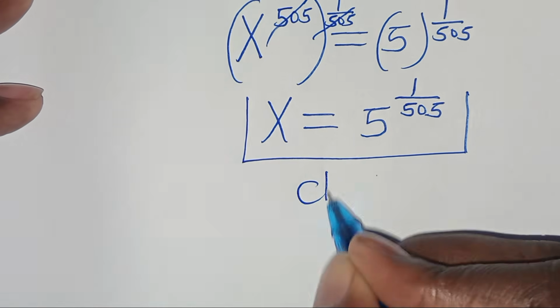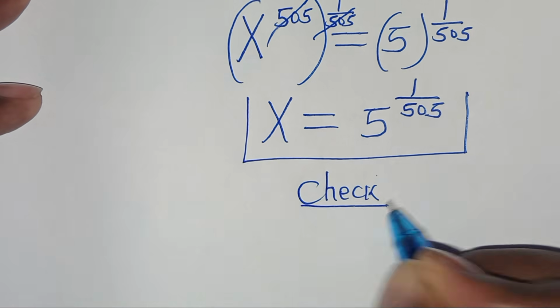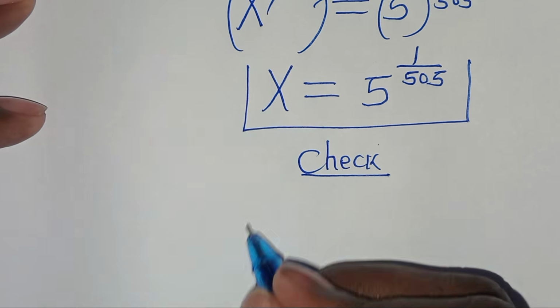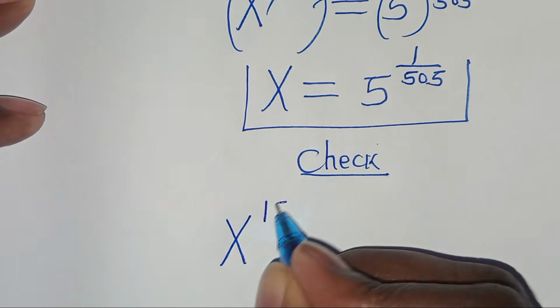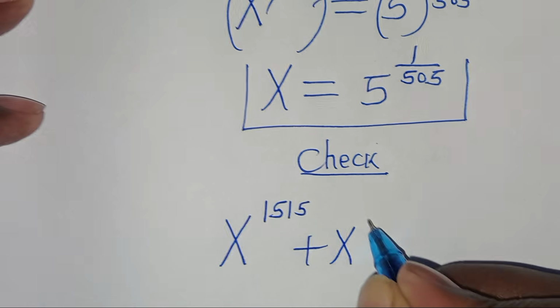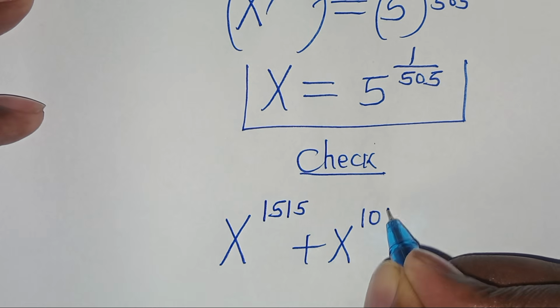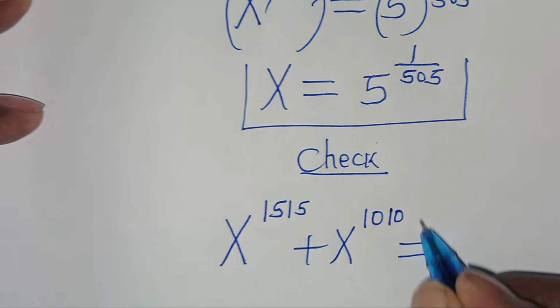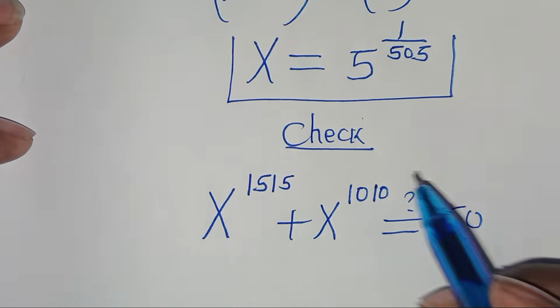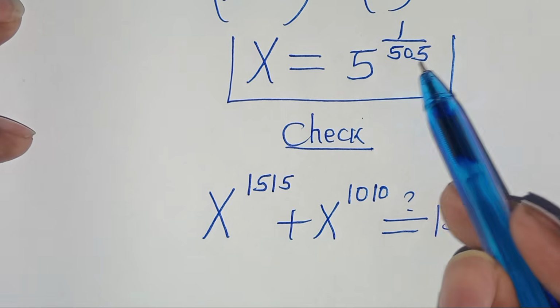Now let's check if this value of x here satisfies the equation. We have x to the power of 15 plus x to the power of 10. This should give us a value of 150. Let's substitute x, which is 5 to the power of 1 over 505.